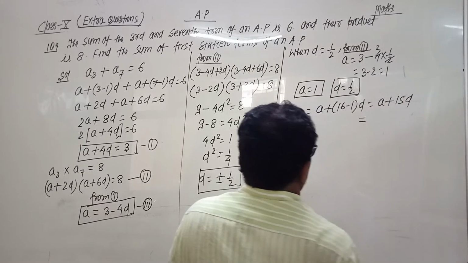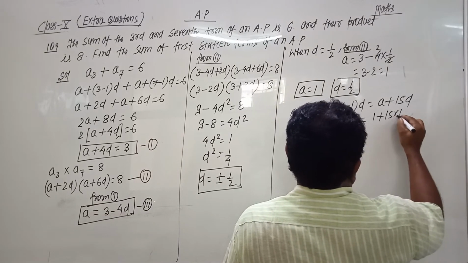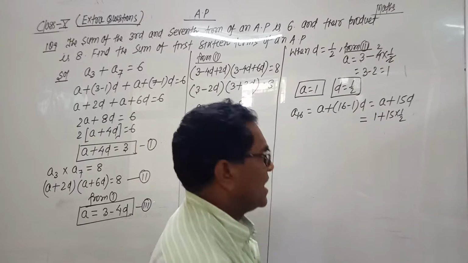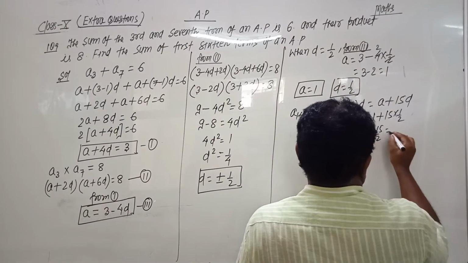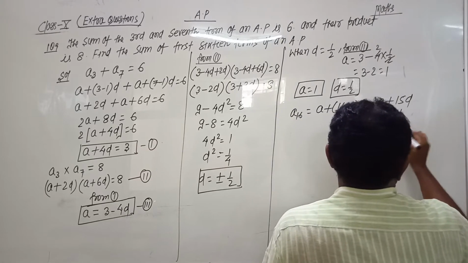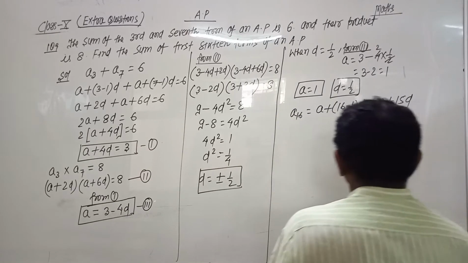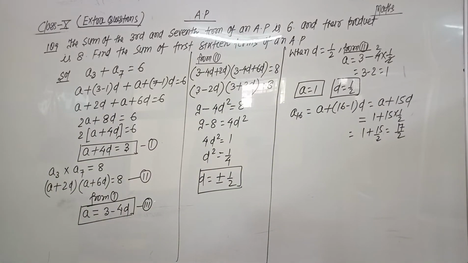Putting the values of a and d, 1 plus 15 into 1 by 2, 1 plus 15 by 2, LCM 2, gives 17 by 2. So the 16th term is 17 by 2.